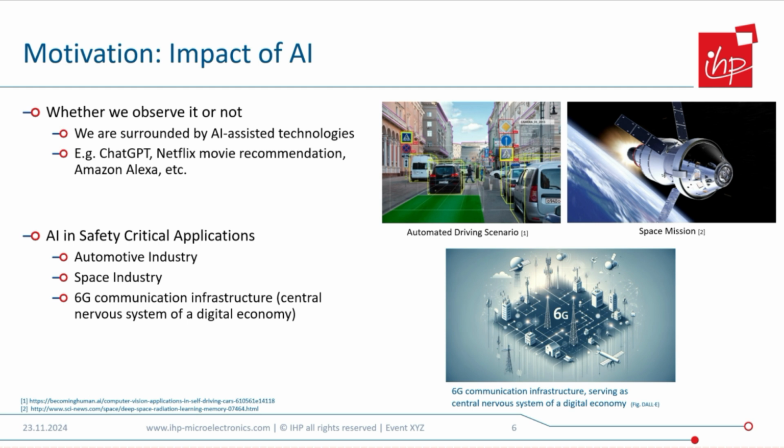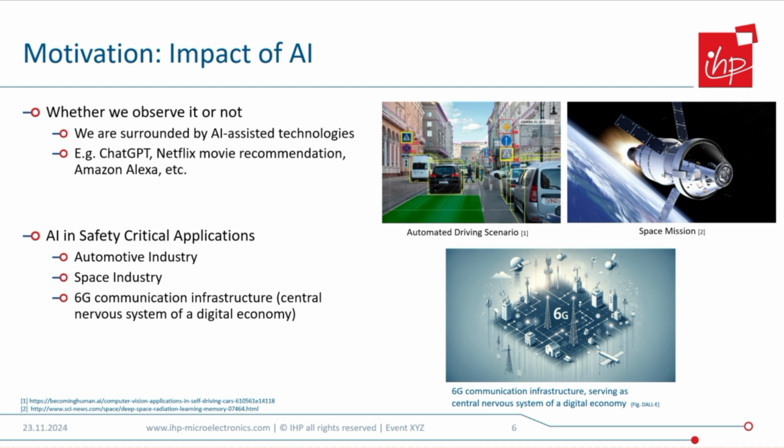Because of the state-of-the-art results of AI in prediction, classification, and natural language processing, it's also being heavily used in safety critical applications as well. For example, automated driving or space missions or future 6G communication infrastructure.